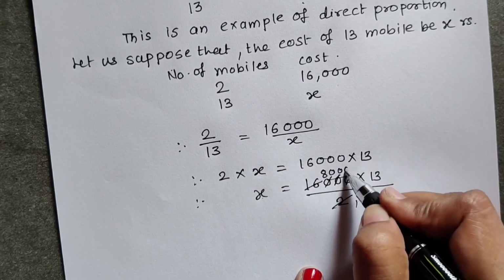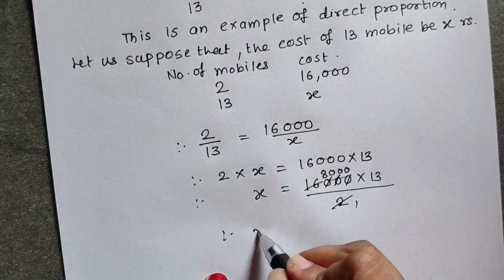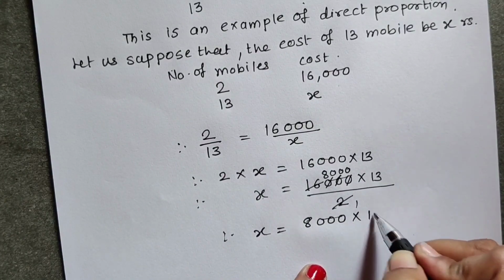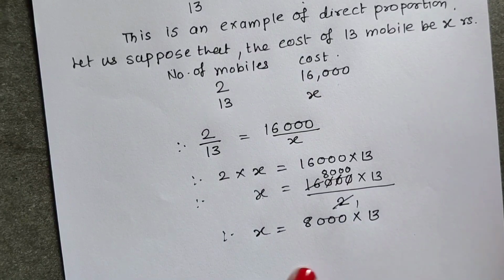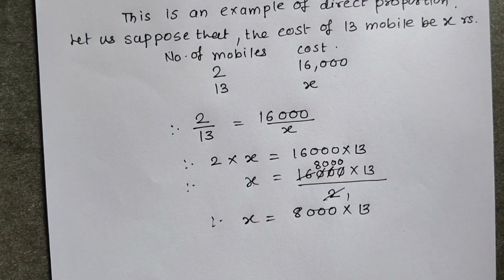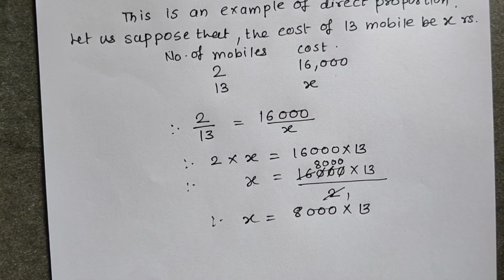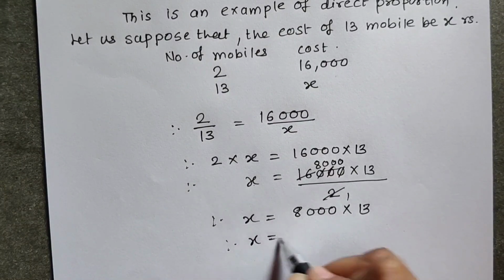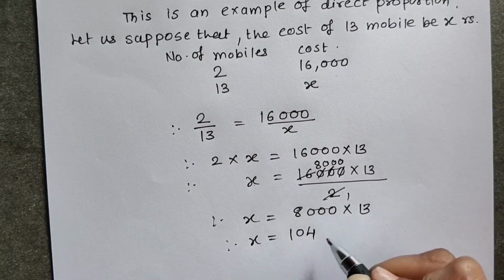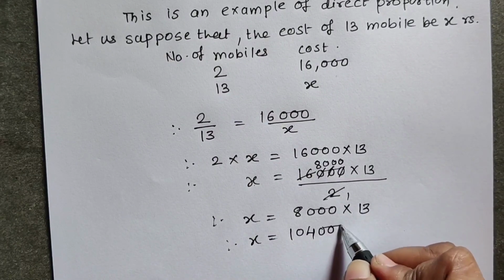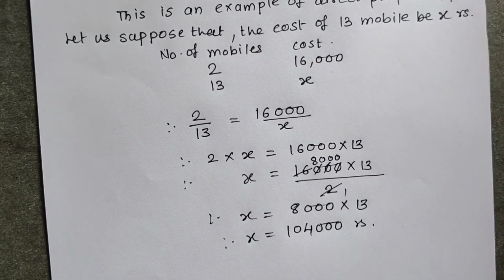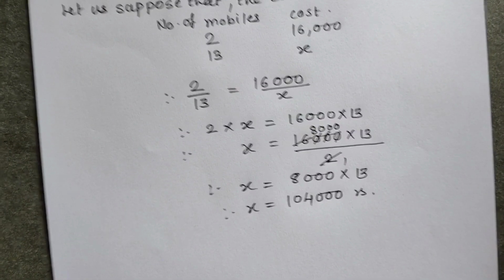That means we are getting 8,000 multiplied by 13. Now we have to do this multiplication. 13 8s are 104. Then 13 zeros are 0. This is rupees. So in this way we have got the answer.